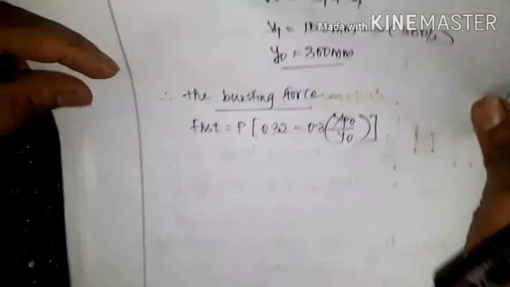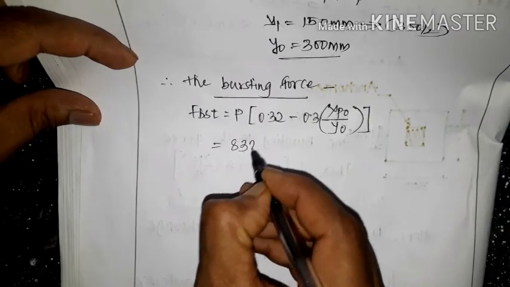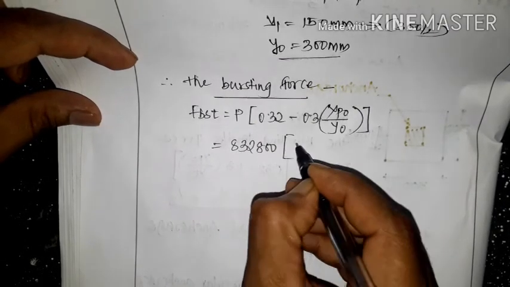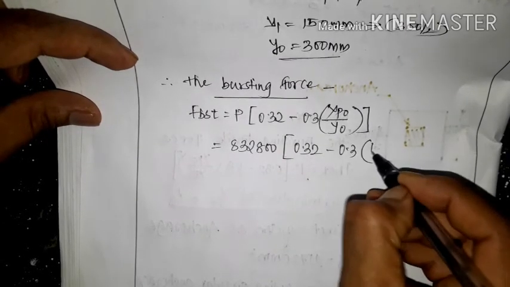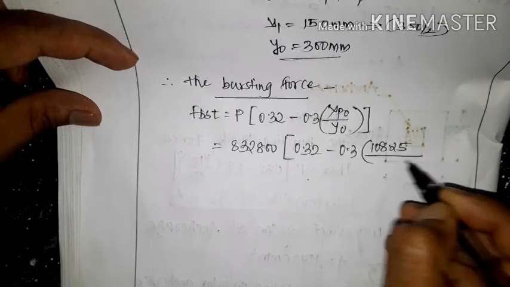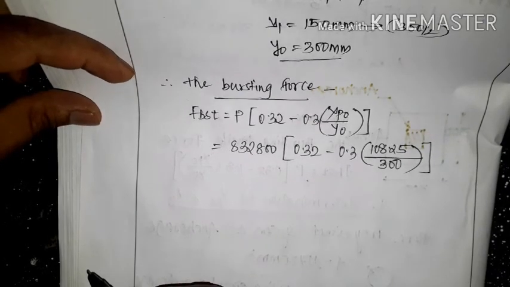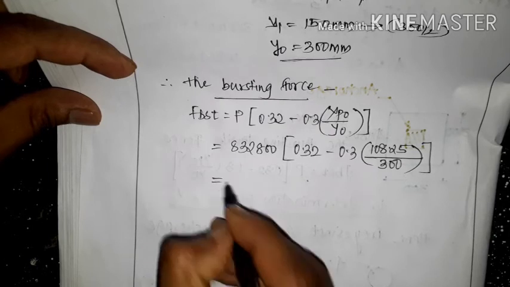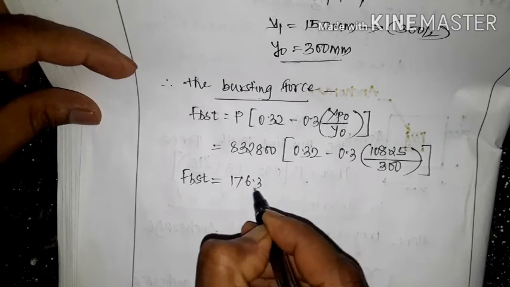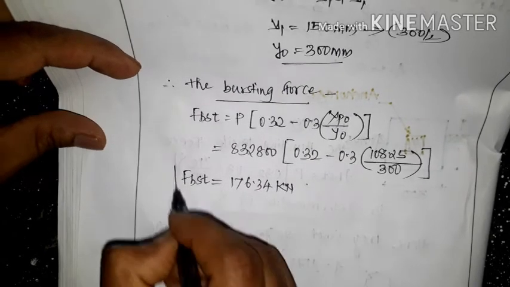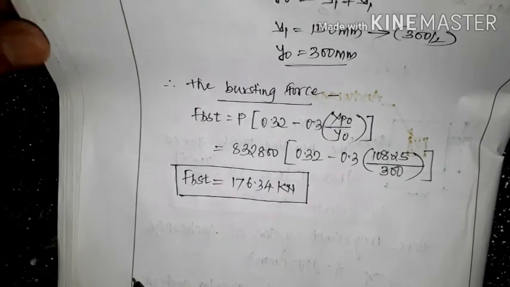P is given as 832,800 into bracket of 0.32 minus 0.3, Yp naught is 108.25 and Y naught is 300. So we get the bursting force FBST as 176.34 kilonewton.